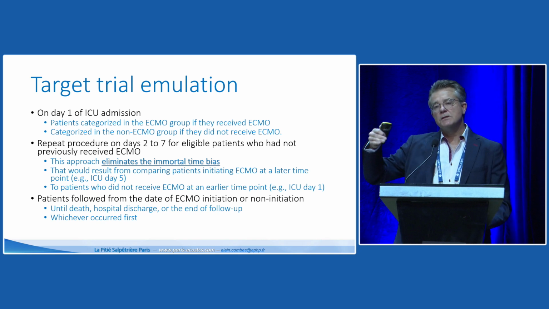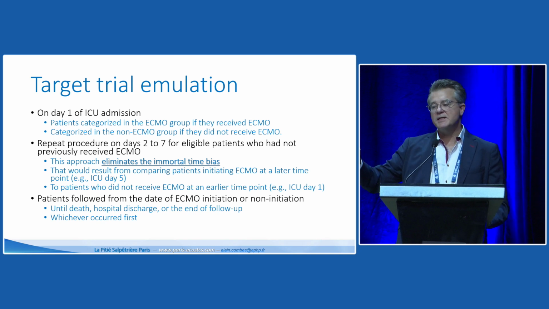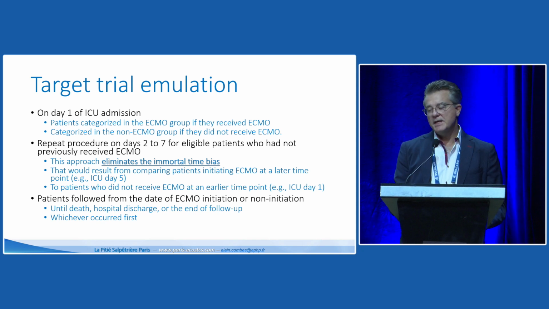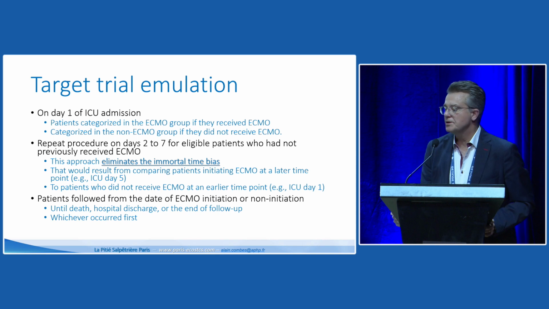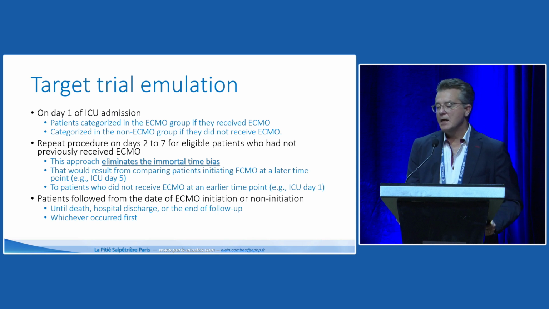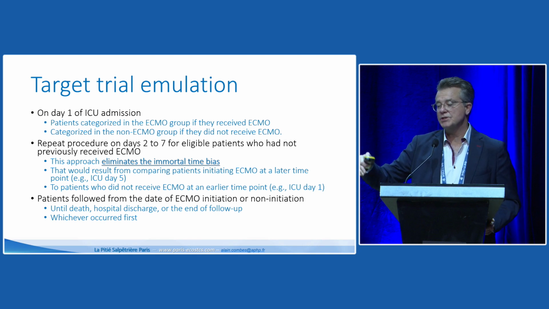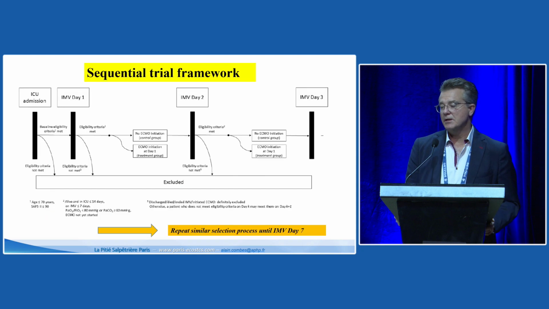And we repeated that strategy day by day up to day 7. This approach is made to eliminate what is called the immortal time bias, and patients were followed up from the date of ECMO initiation or non-initiation until they reached the primary endpoint.